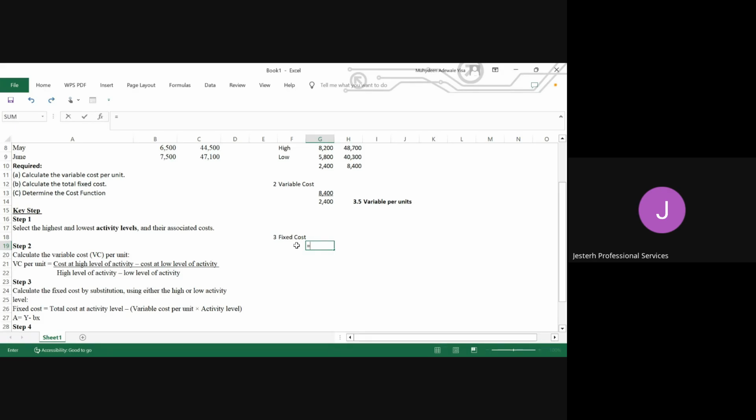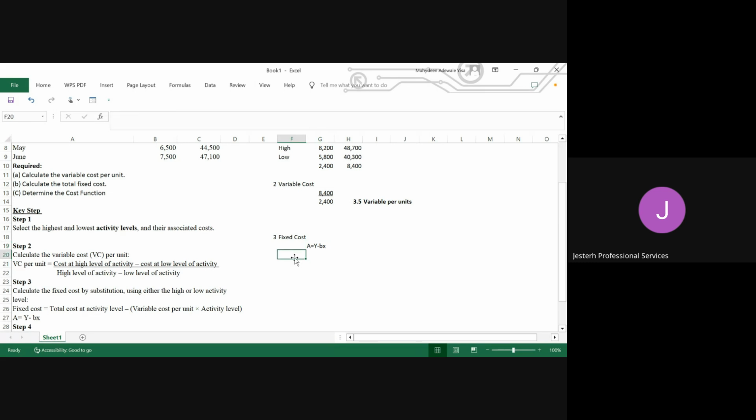The formula that we need to know is A is equal to Y minus B multiplied by X. I explained this formula earlier: A stands for fixed cost, Y stands for our total costs, B stands for the variable cost per unit, and X stands for level of activities.